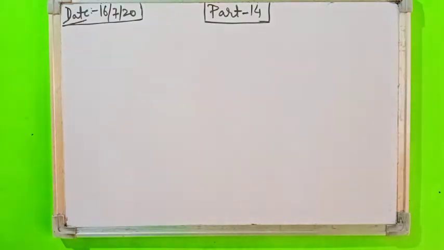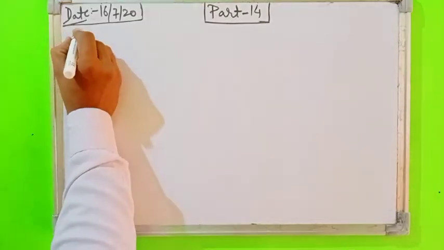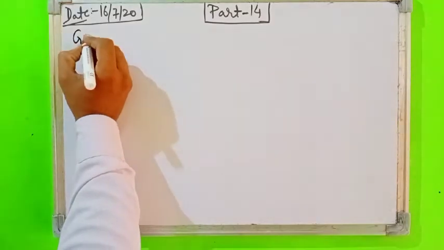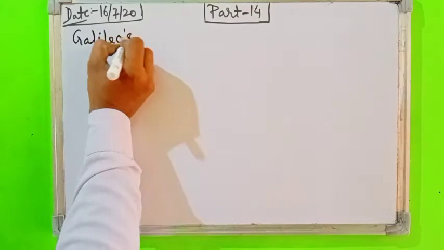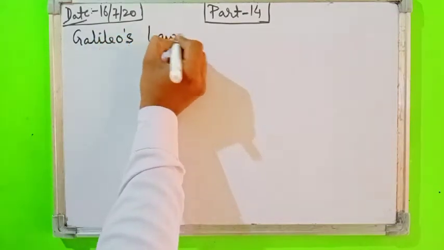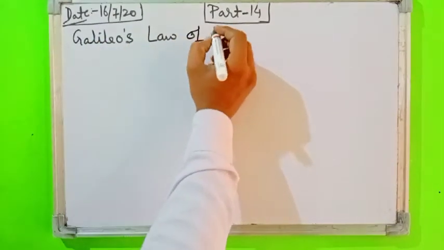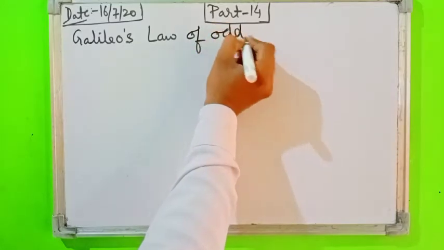As you know, we are continuing with chapter 3, motion in a straight line, and in the same chapter we are discussing Galileo's law of odd numbers.